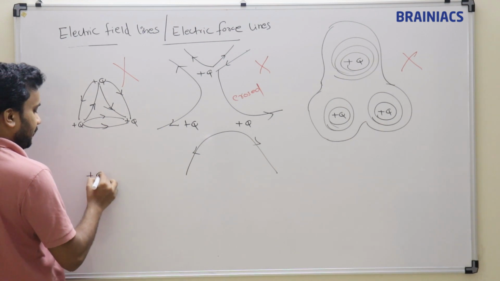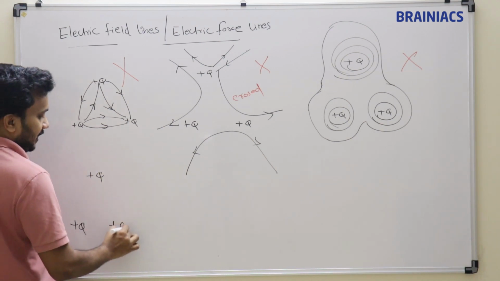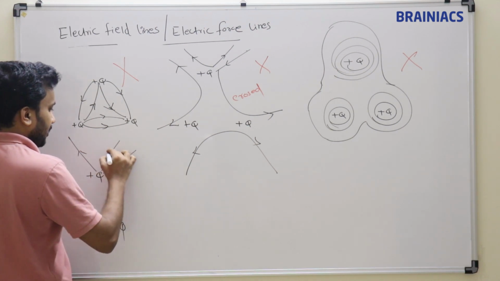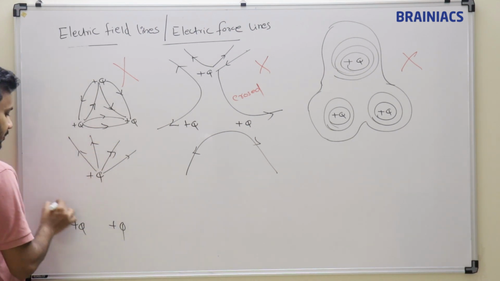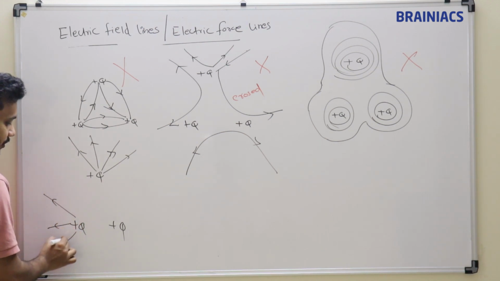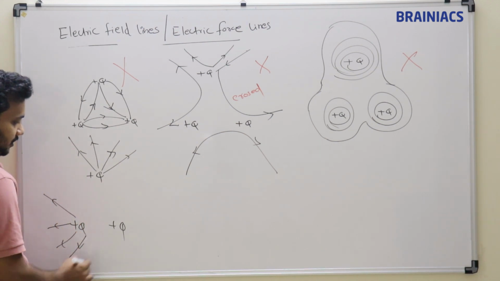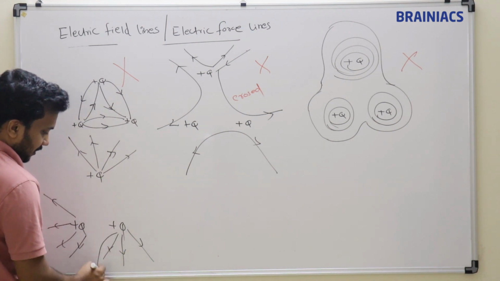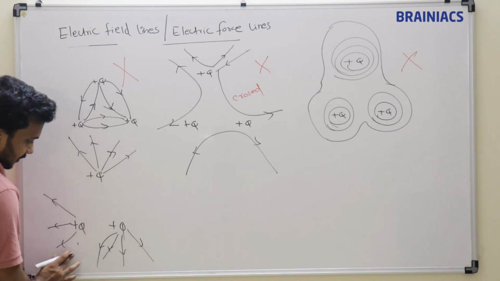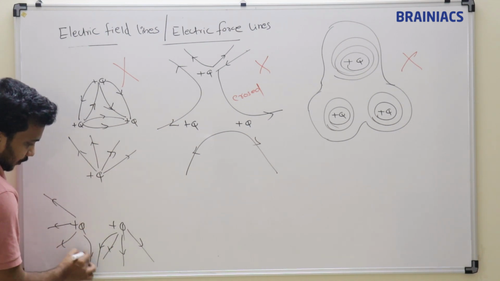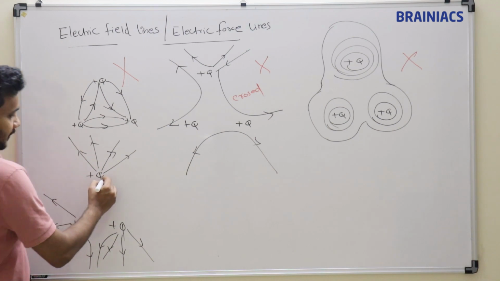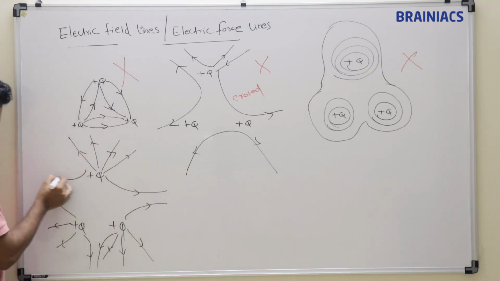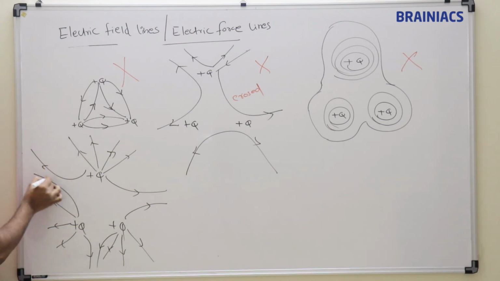Next we'll see plus q and plus q, with electric field lines going out from each of them.